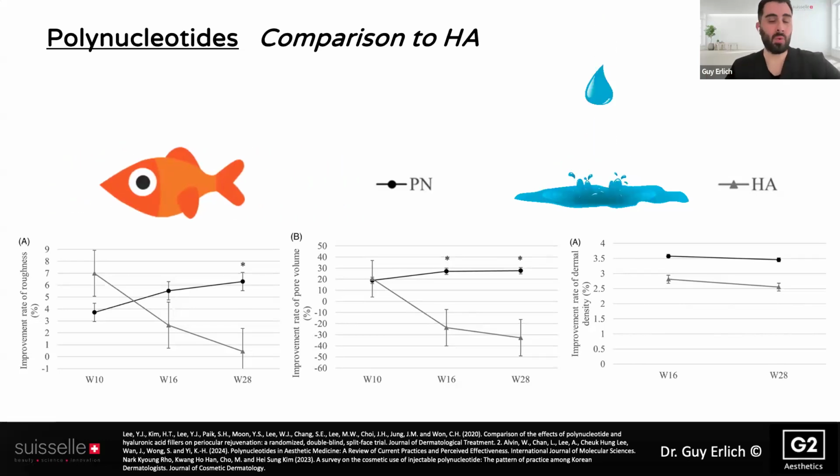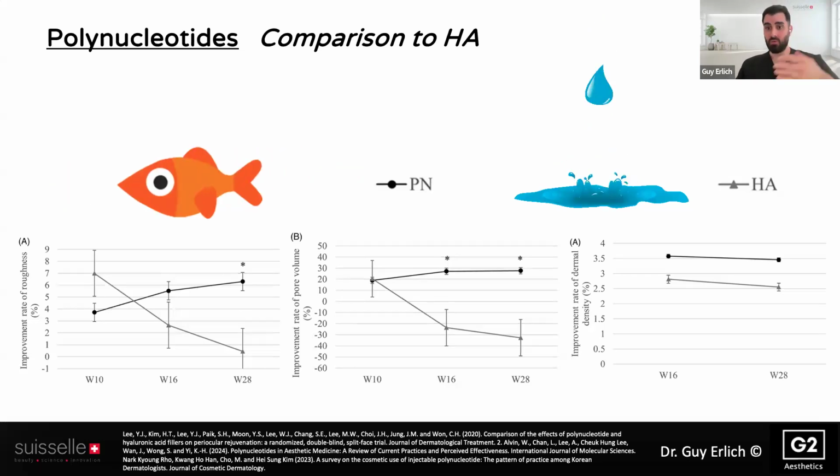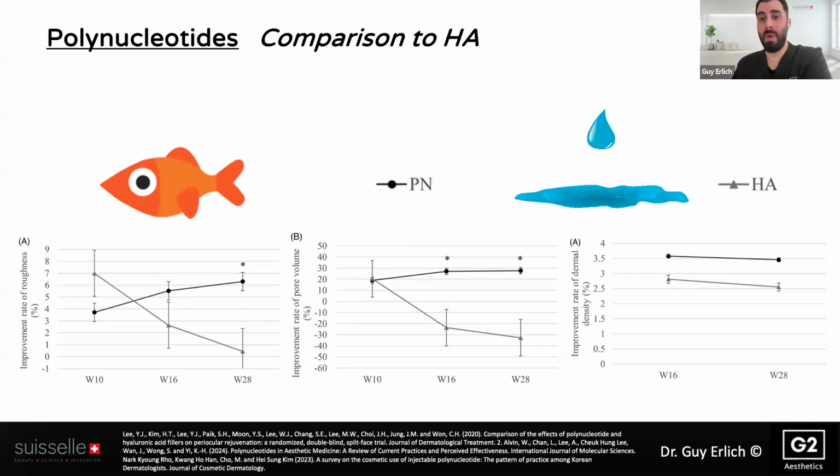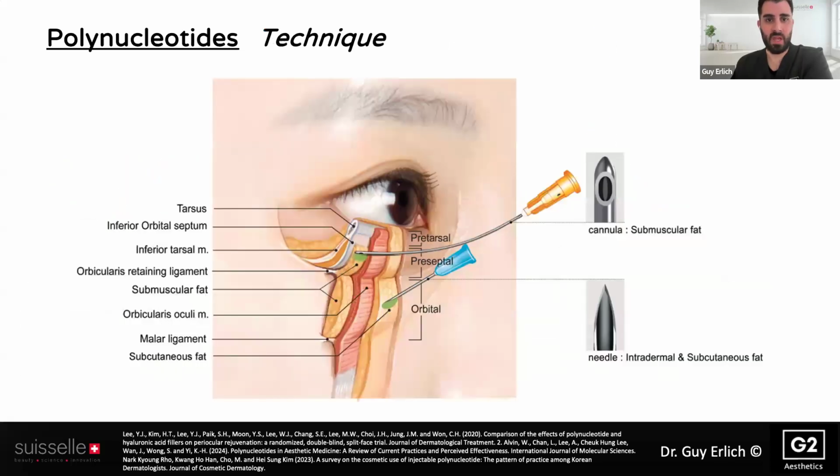The combination of hyaluronic acid and polynucleotides creates synergism and the best, high-yield effect. My technique is similar. I can use a needle like I used to inject the cell booster, or I can use a cannula to target a larger area.